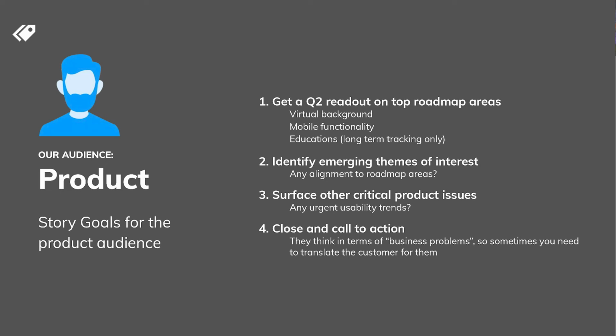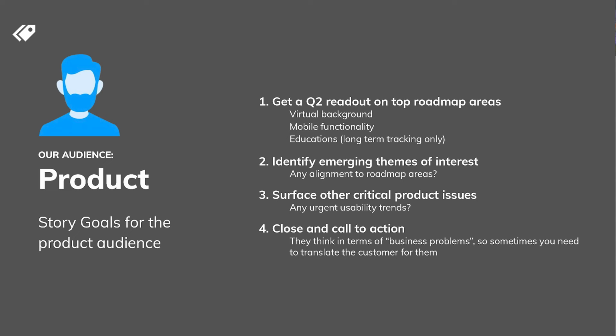And then the last goal of the presentation or the readout to them is any critical product issues, right? With the product team, these sort of functionality and usability things are sort of like always on, bugs, breaks.